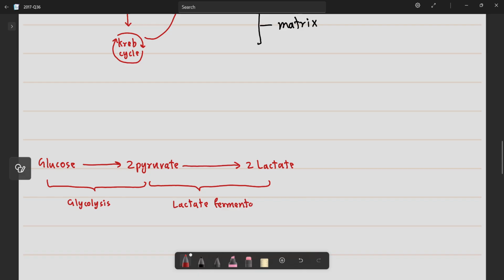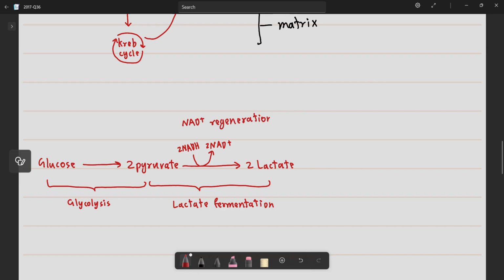Okay, so this step is lactate fermentation, which produces lactate, and one of the most important reasons why it proceeds to lactate fermentation is that it produces NAD plus. Since we have two pyruvates, it's going to be 2 NAD plus from 2 NADH. So this step is also known as NAD plus regeneration.